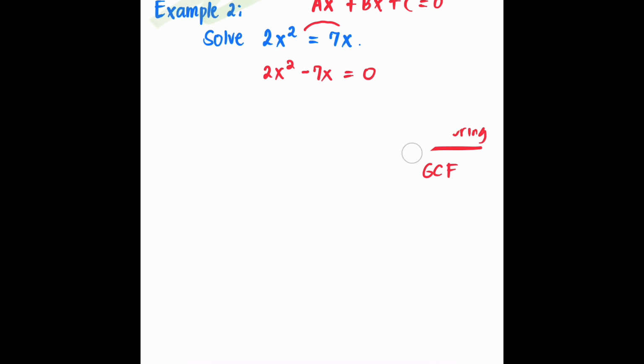So going back to the equation, we have 2x squared minus 7x equals 0. So looking at the two terms right here, I can only see one common factor that I can take out, which is x. That's the greatest common factor of 2x squared and 7x, right?